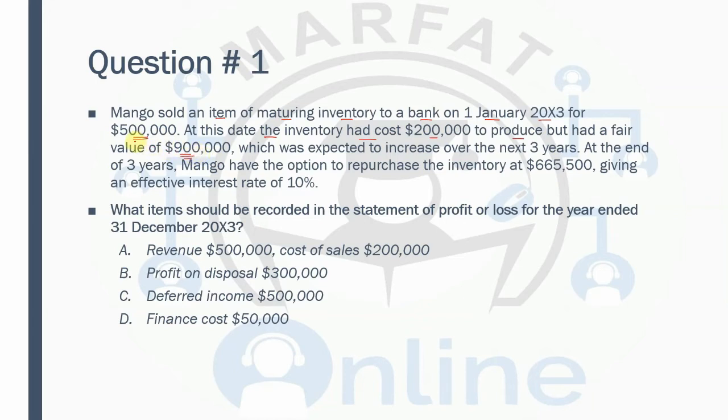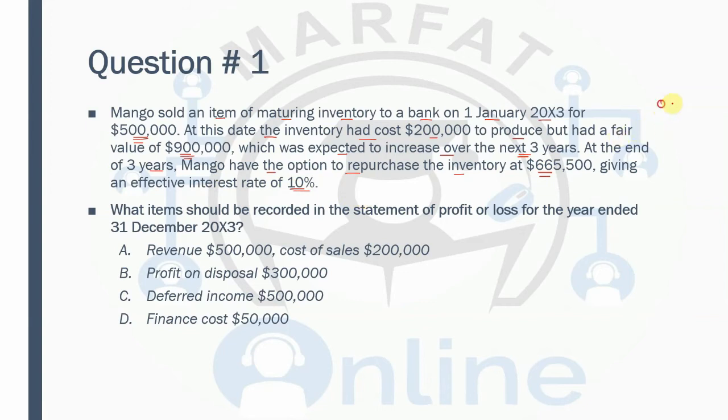Why the company may be selling it for 5 lakh, which was expected to increase over the next 3 years. At the end of the 3 years, Mango has the option to repurchase the inventory at 6,65,500, giving an effective interest rate of 10%.